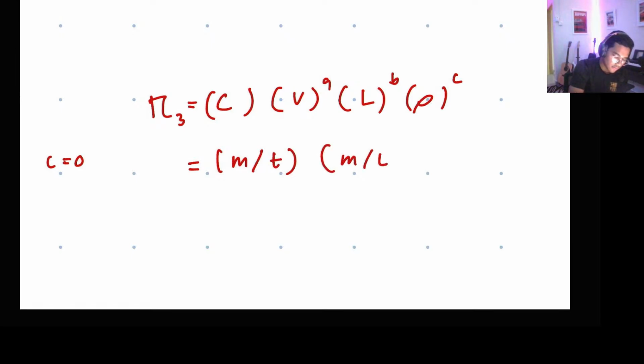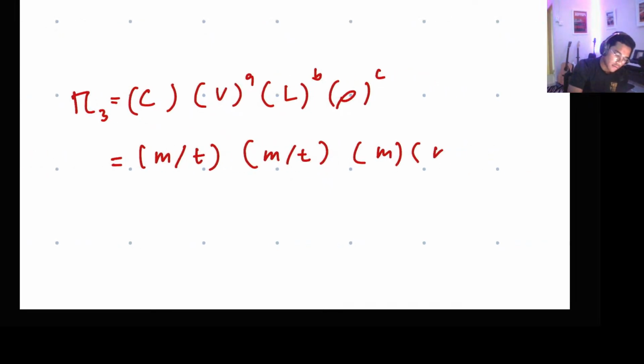V is also meter over time. L is meter. Rho is mass over meter cubed. I'm sorry, this is mass. L over T, L over T, L. This is mass over L cubed.